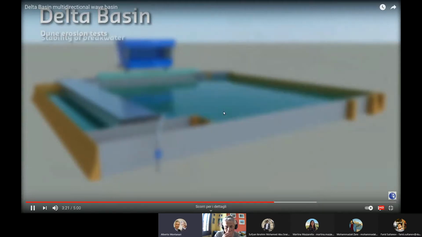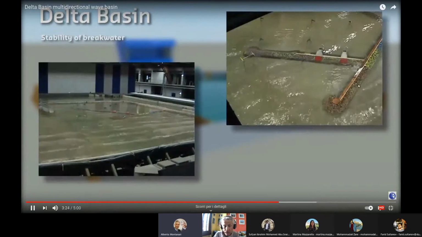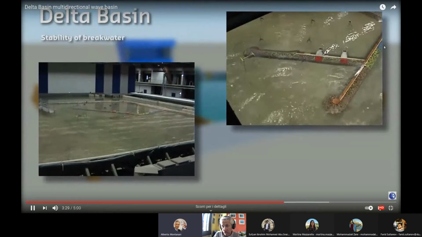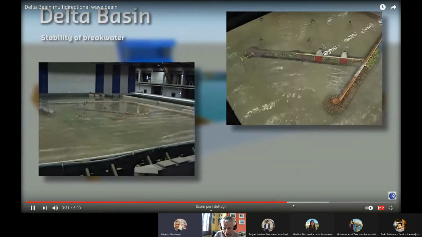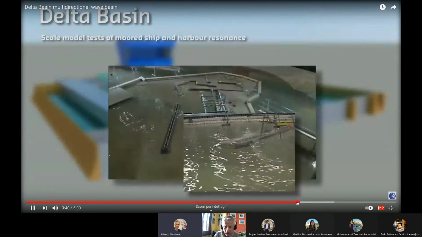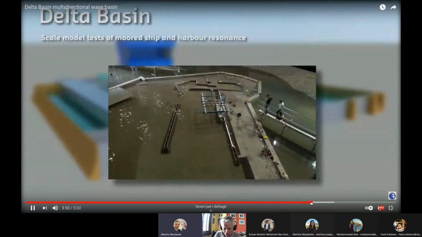It looks like a defense made of concrete. And here you see an aerial view of this combined harbor defense. I think there is later another interesting issue that I want to show you. Let me move forward.